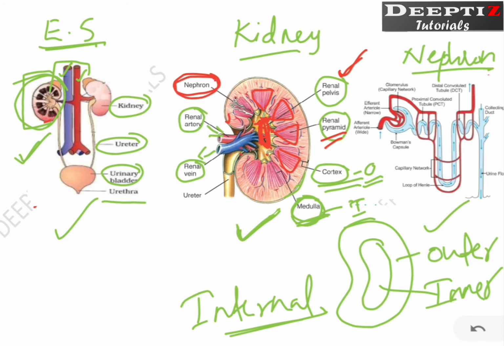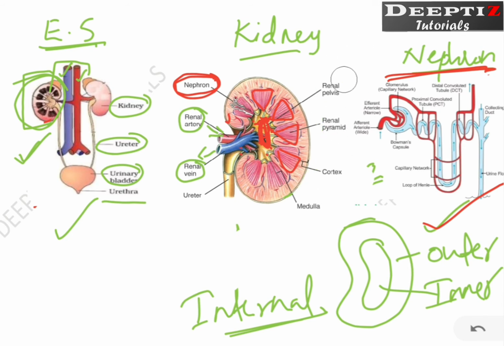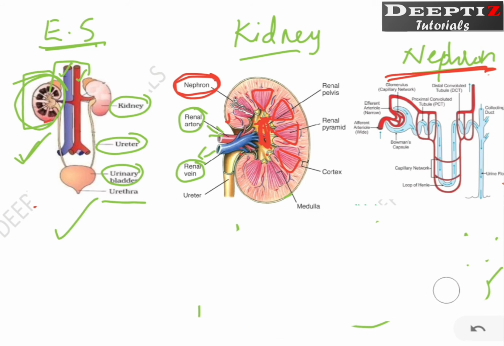You have to remember one thing, each kidney is made up of millions of nephrons. In this diagram you can see one such coiled structure, but there are thousands and thousands of nephrons in each pyramid. So each kidney is going to have millions of these coiled structures termed as nephron.